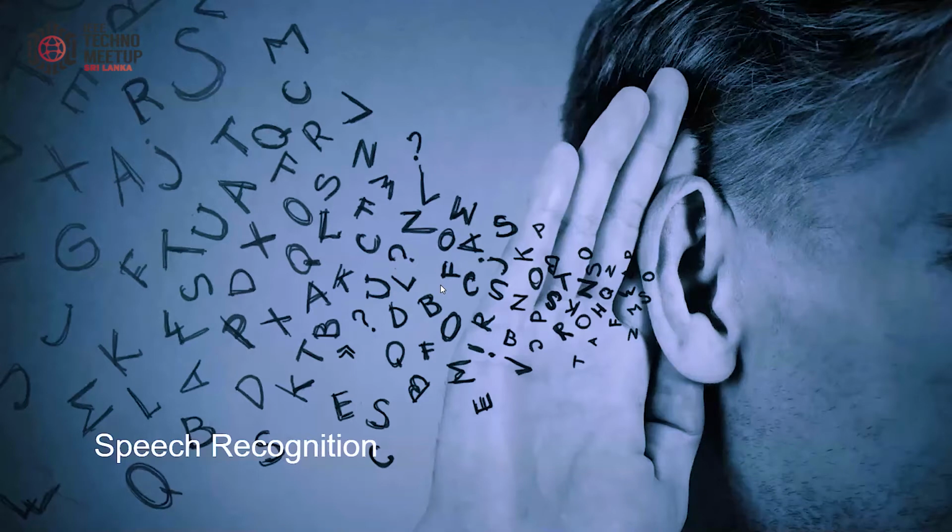Your ears will get that waveform, and since you have already been exposed to those kind of examples from your childhood, you can identify a pattern, and based on that you can come up with a language kind of a representation. So that way our ears can identify these different waveforms and come up with a language representation in our brain. Why? Because from the childhood we have been trained, and we have seen so many similar patterns, right?